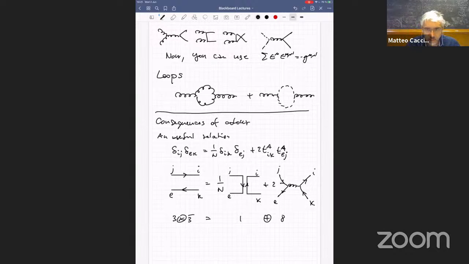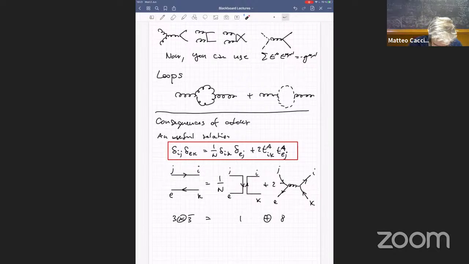Why is this useful? Because we can use this relation to calculate something else that we need. Let me copy it to the next slide, so I can use it.